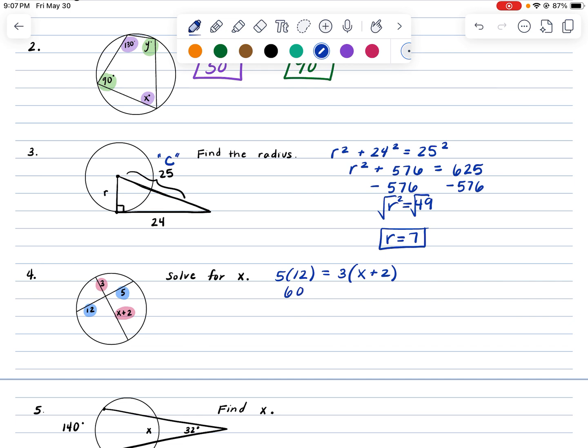So 60 is equal to, if we distribute, 3x plus 6. I'm going to subtract 6. 54 is equal to 3x. Divide by 3. And I get that x is equal to 18.